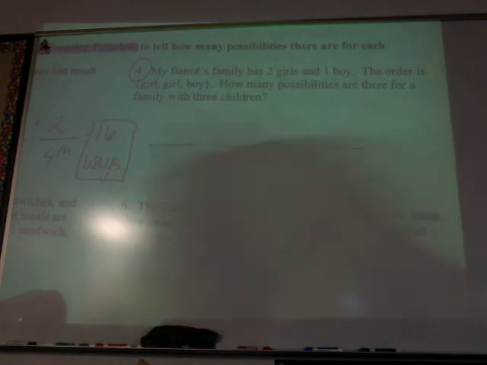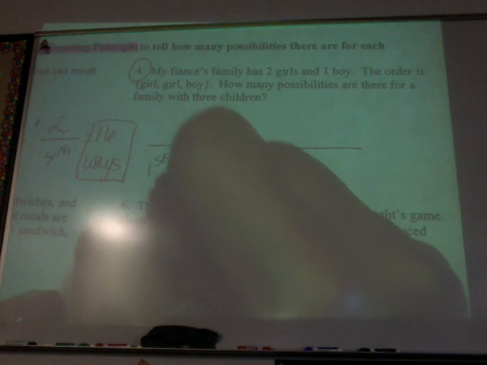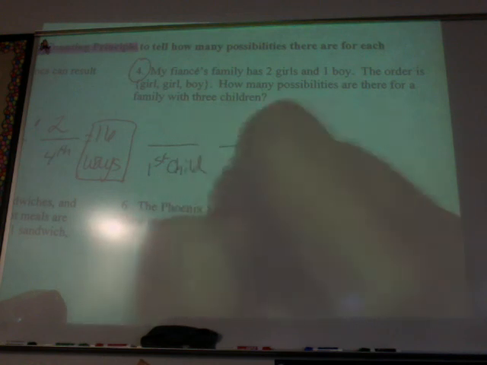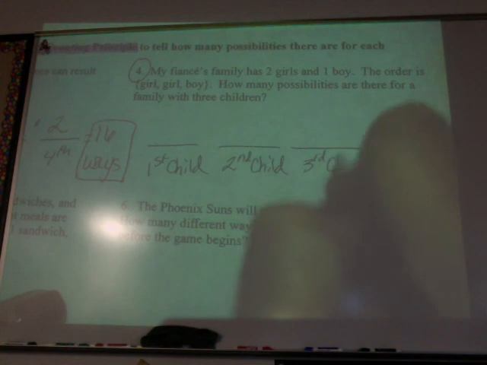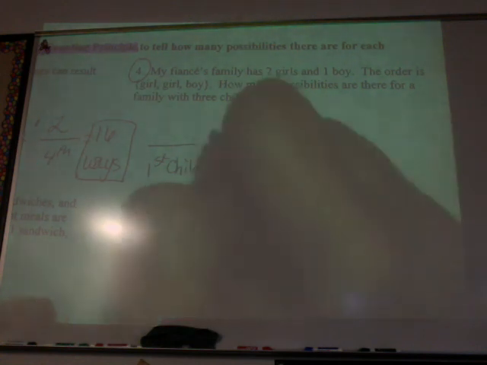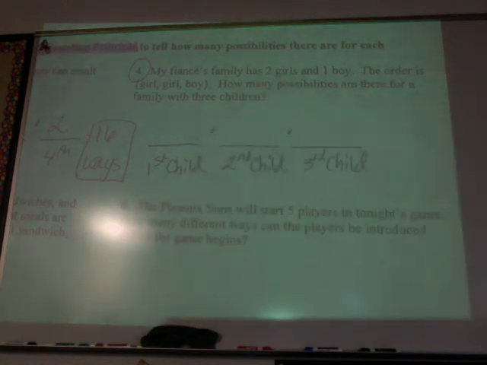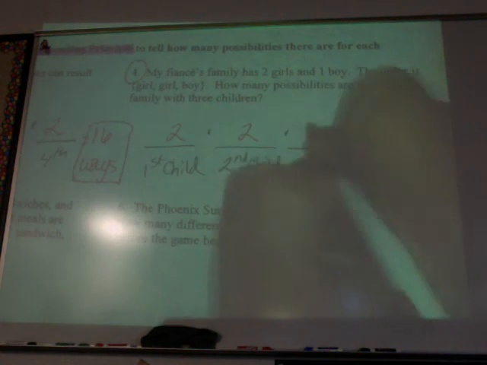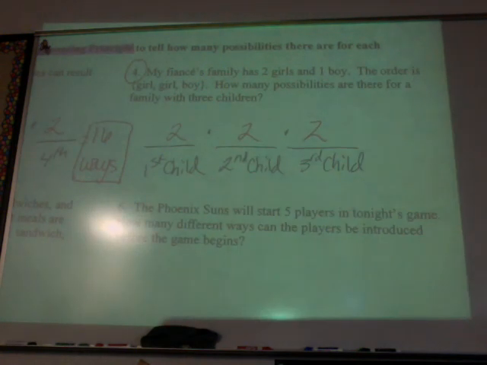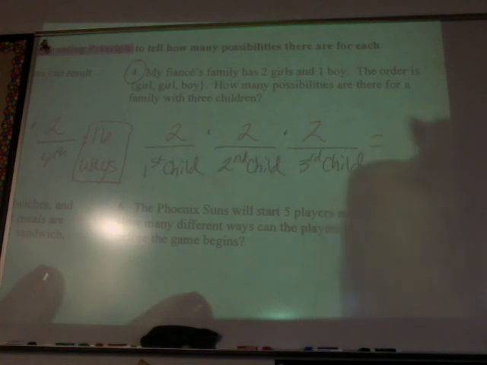So we have 3 births: this is the first child, this is the second child, this is the third child. How many possibilities for children can I have? Two, a male and a female, a boy and a girl. So 2 times 2 times 2. What do you get? 8 possibilities.